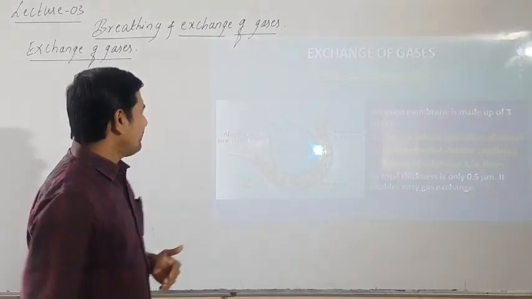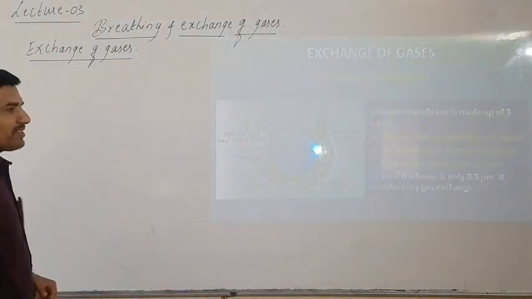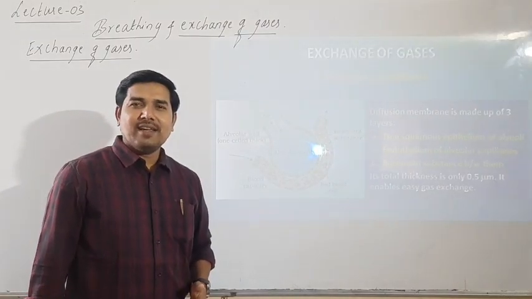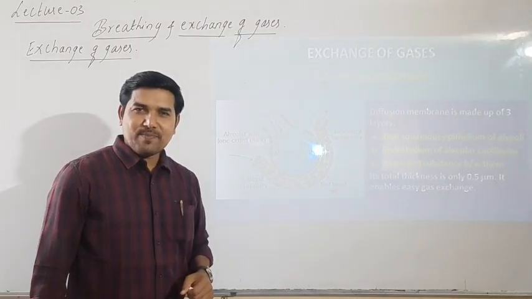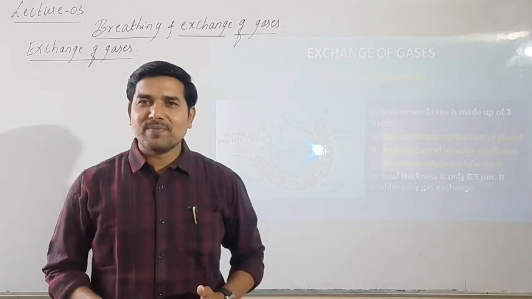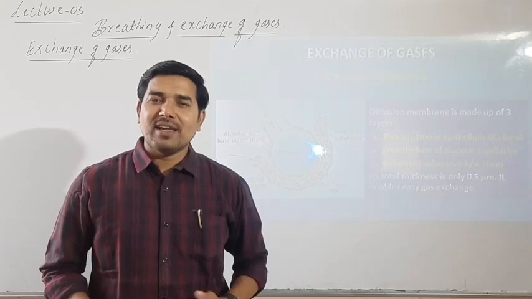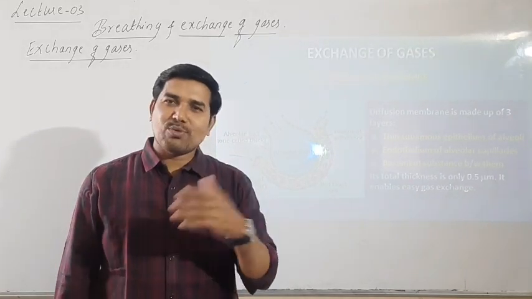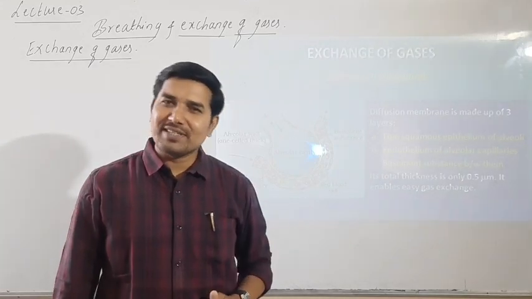Okay. Now regarding exchange of gases, in the diagram we can easily see the alveolus, and as we know, we have numerous alveoli in the lungs. These alveoli are involved in exchange of gases. That means transport of O2 and transport of CO2.